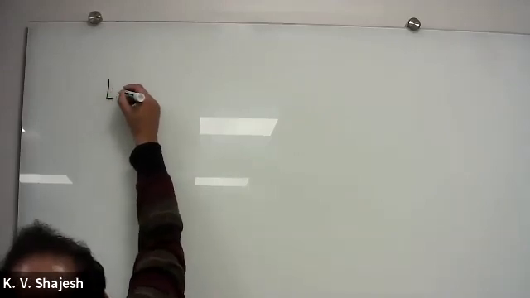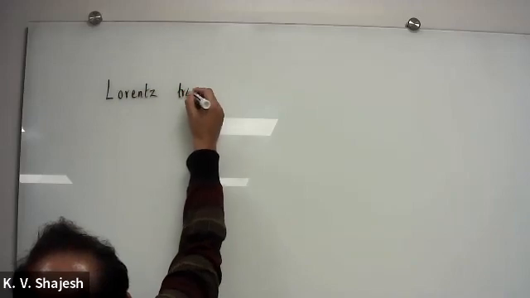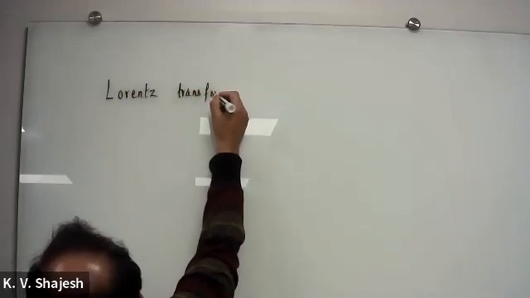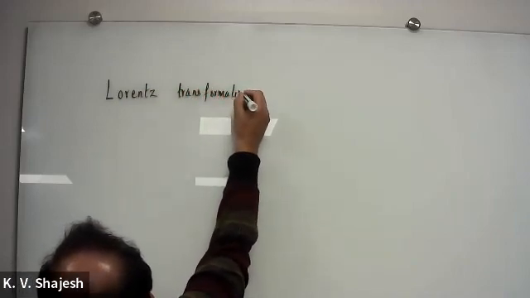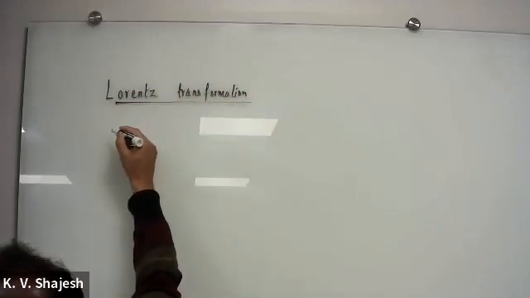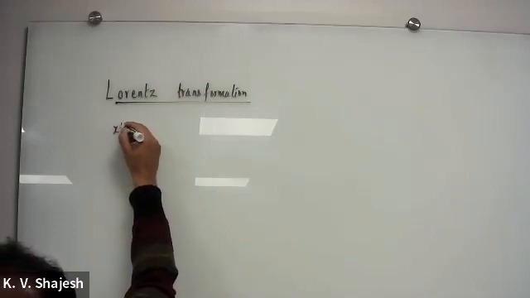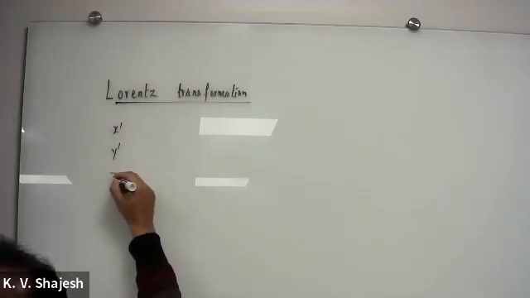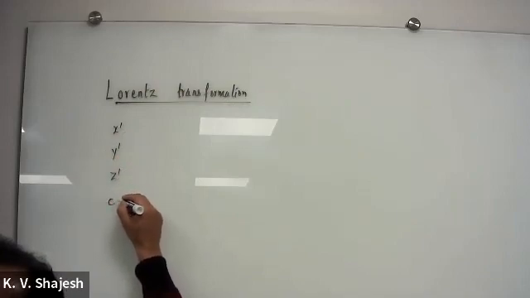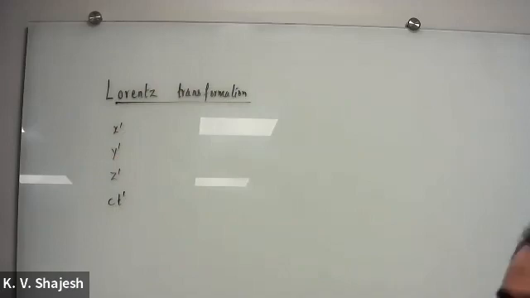Lorentz transformation, we're doing one dimension. That means that let's say x prime, y prime, z prime, and the fourth coordinate is c t prime. That's just to make the dimensions the same.